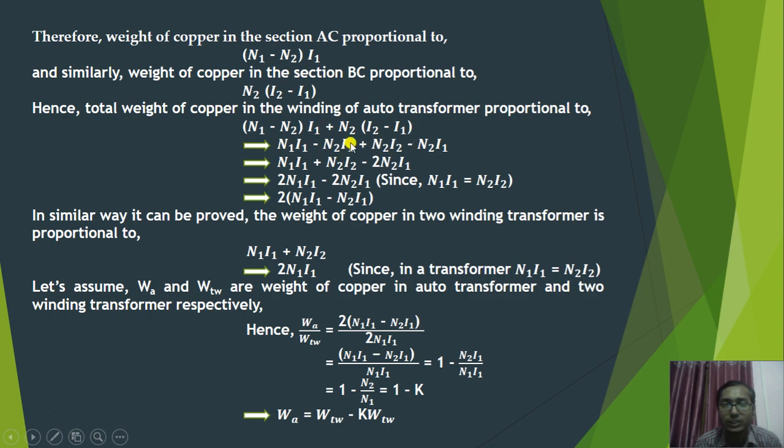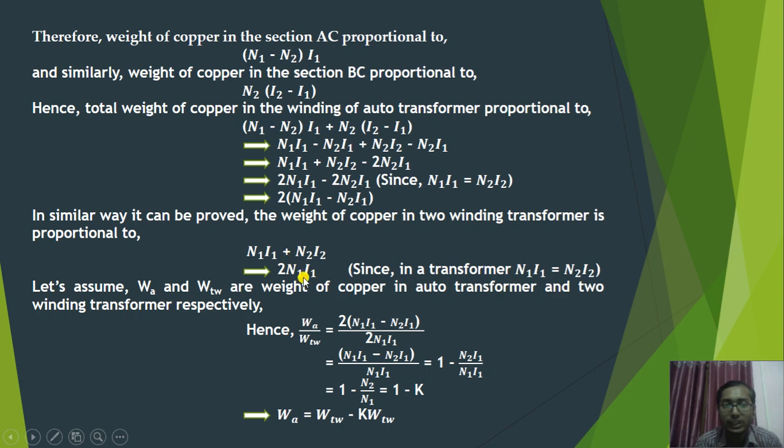Now when we simplify it, you can find it as 2 times N1I1 minus N2I1. If you take a two winding transformer, then on the primary side the weight of the conductor will be N1I1, and on the secondary side it will be N2I2. Since we know that in a transformer N1I1 is equal to N2I2, we replace N2I2 as N1I1.